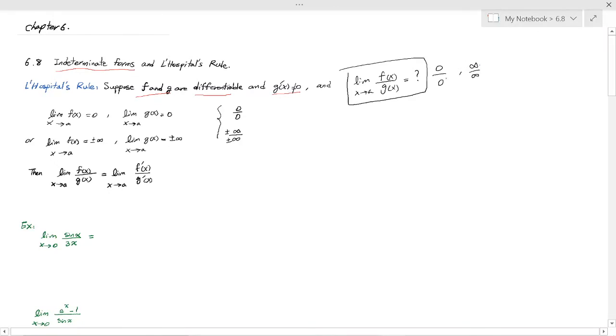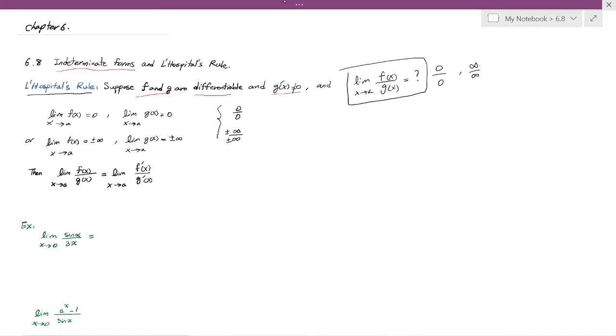So we need to simplify the limit, then calculate the limit after simplification. But there is a rule, an L'Hopital rule, that we can apply to these limits, and it doesn't require us to simplify.